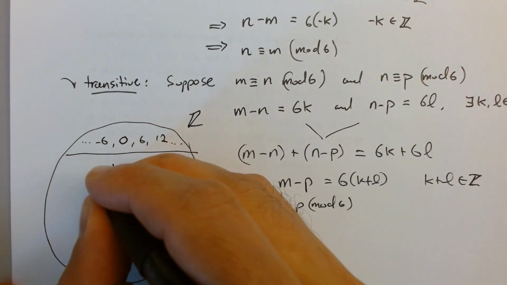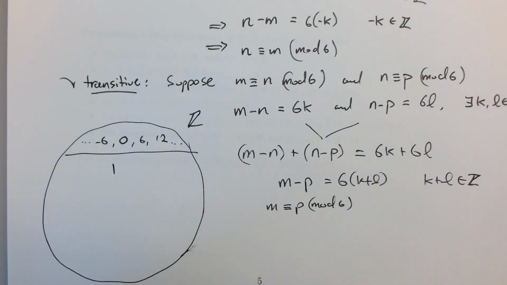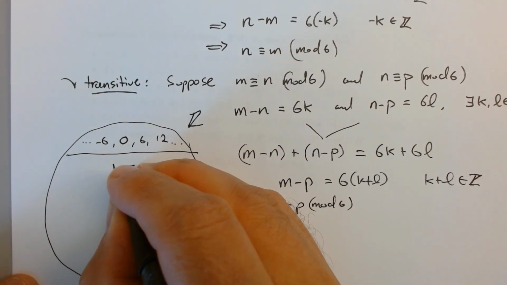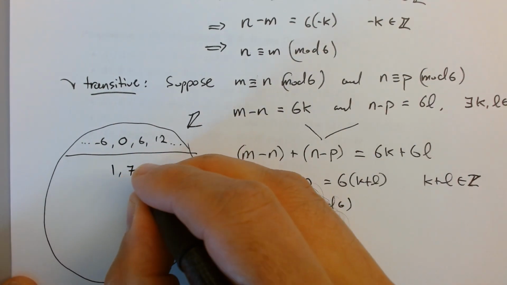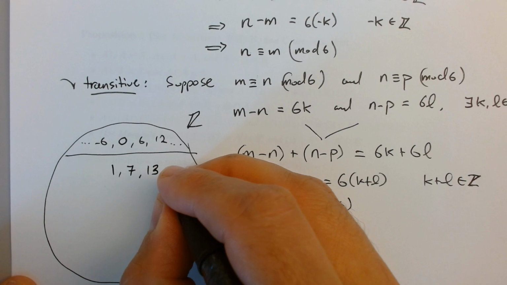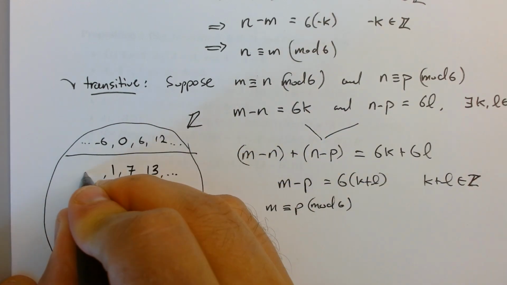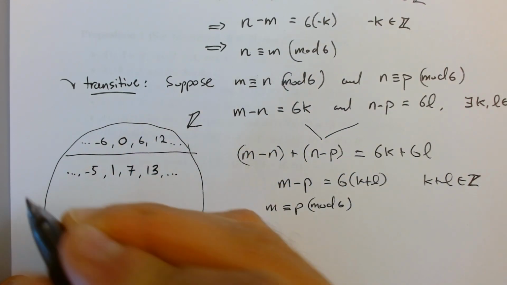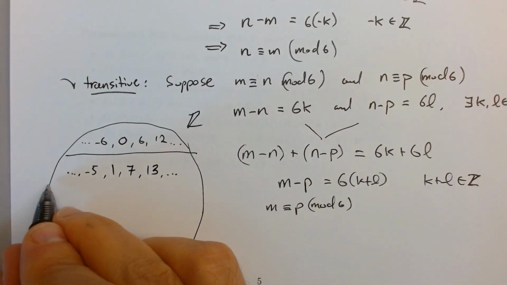And then ask what's related to 1, or what is congruent to 1 mod 6. Again, we're asking what values, when I subtract 1, give me a multiple of 6. Certainly 7 would do that. 7 minus 1 is 6. 13 minus 1 is 12, which is a multiple of 6, and so on. Just continually adding 6, or subtracting 6 going the other way. All those are related to each other.